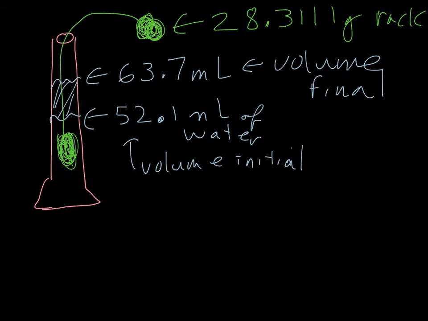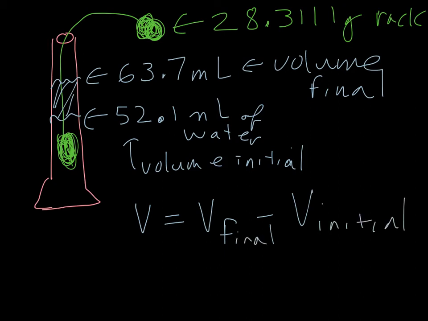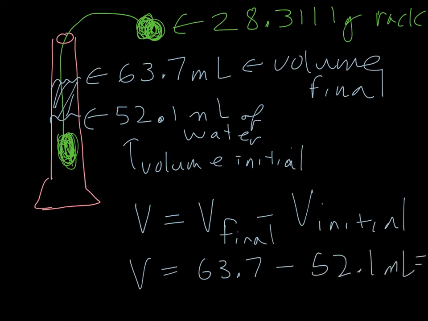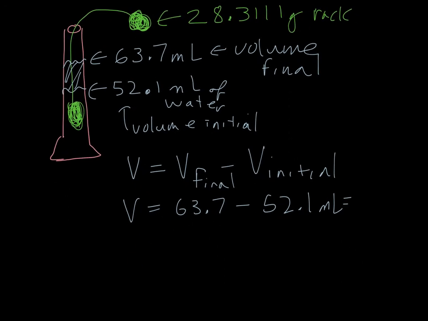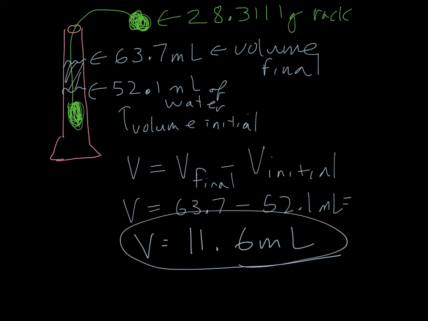Now we need to get the volume of my rock. My final volume was 63.7. My initial volume was 52.1. So that means my rock had a volume of 11.6 milliliters.